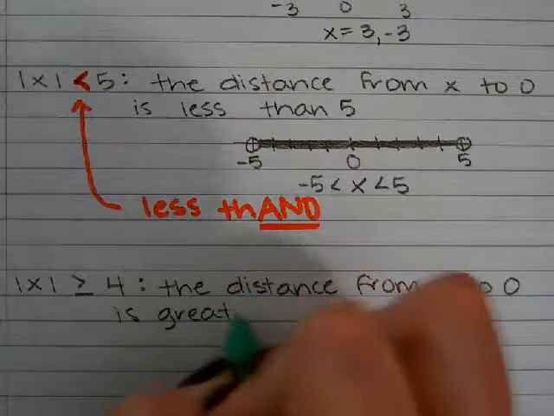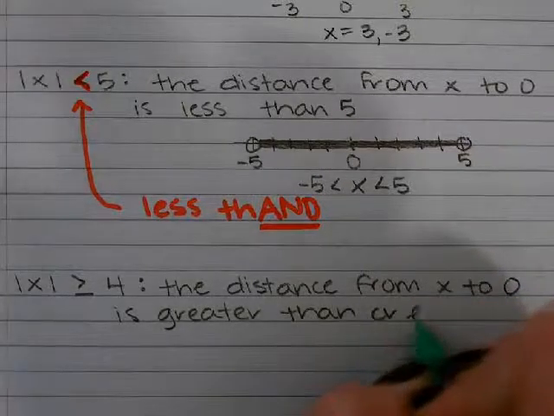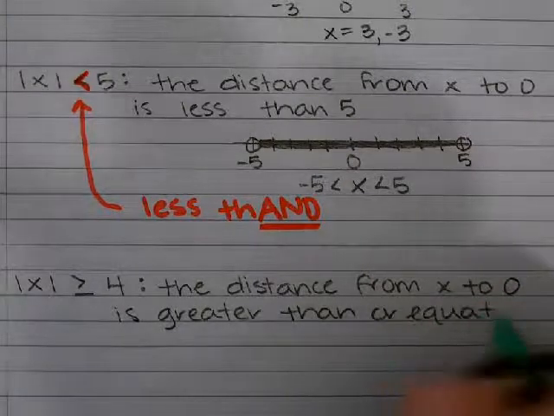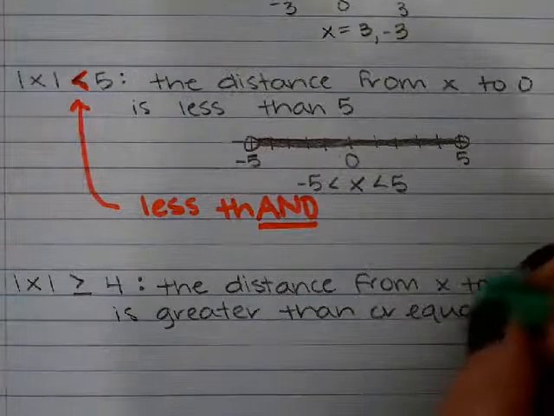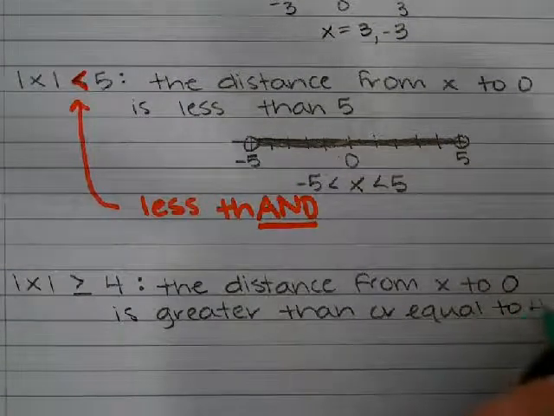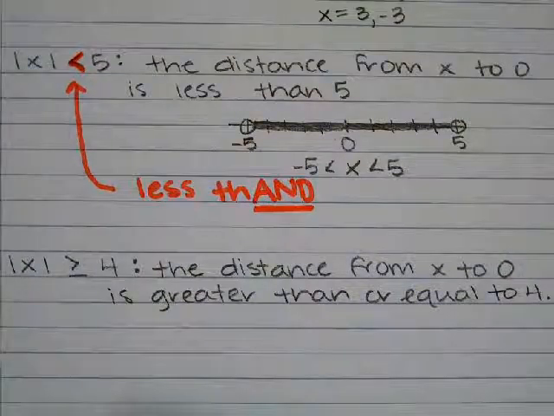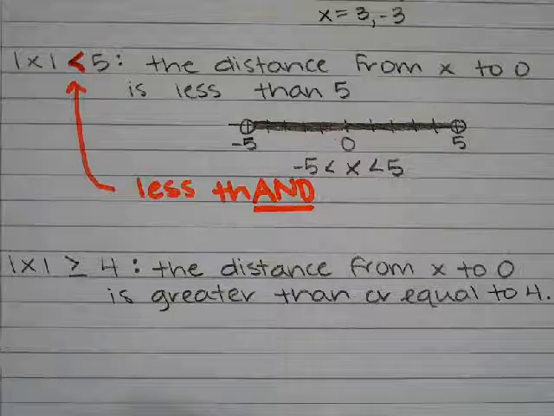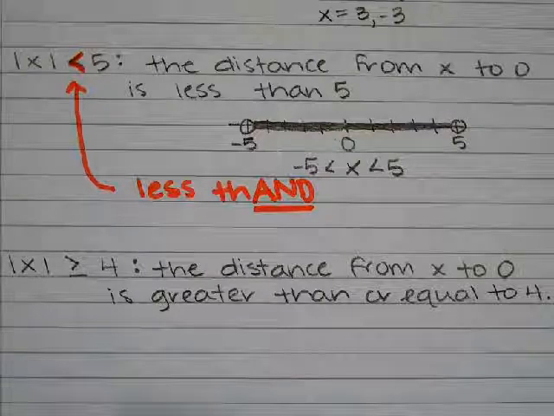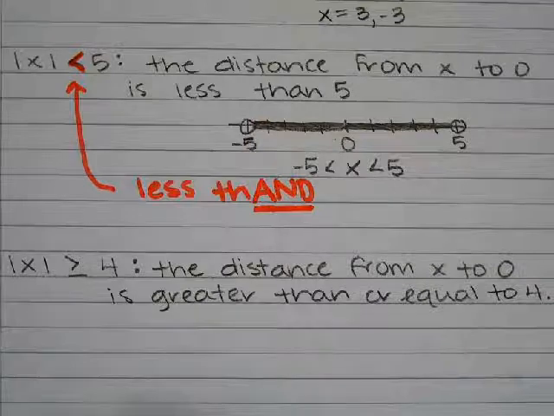I always write that, equal to 4. The distance from x to 0 is greater than or equal to 4. Okay, so let's think about what our number line should look like. There's 0. What should I draw?